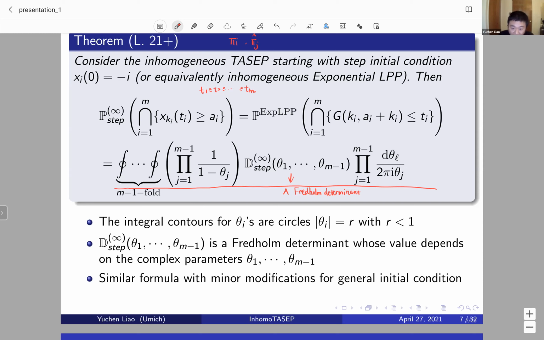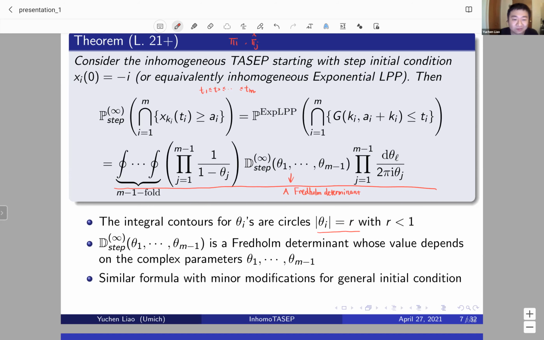And the final m-time distribution is given by the contour integrals of this over circles of radius less than 1. They are not necessarily nested. So for theta 1 to theta m-1, essentially, once picking up the residues in terms of theta 1 to theta m of the integrand.